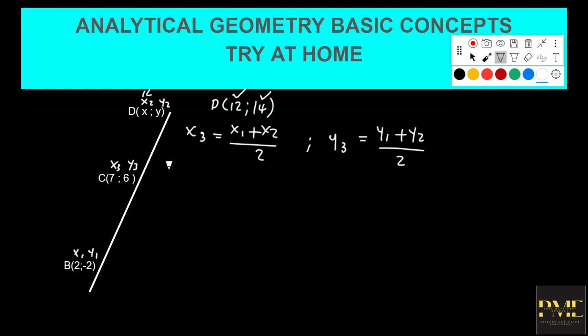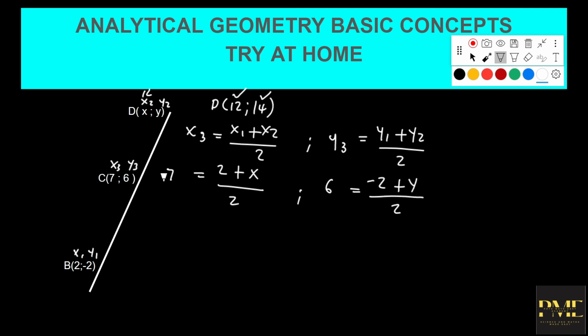Our x3 is 7, so 7 equals x1, which is 2, plus the x2 we want, all over 2, and our y3 is 6, which equals y1, which is -2, plus the y2 we want, all over 2.